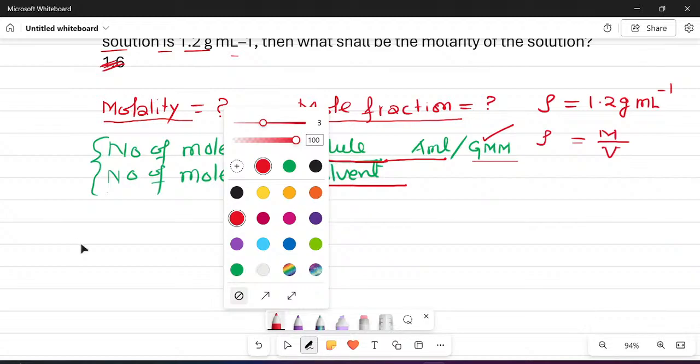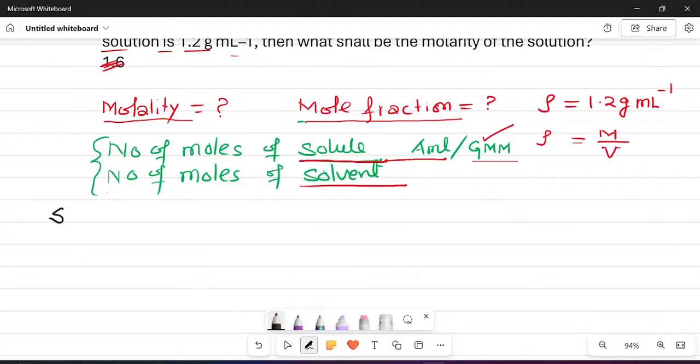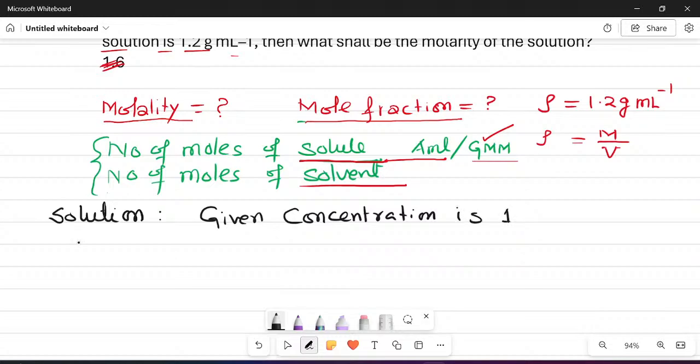So I will start its solution. We will write here: concentration of solution given is 10% mass by mass.